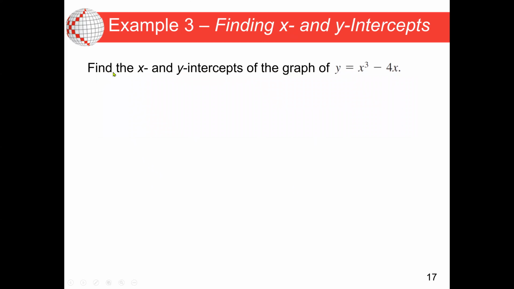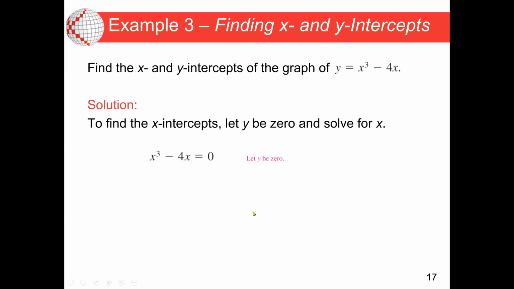So here we want to find the x and y-intercepts of the following graph, y equal to x cubed minus 4x. To find the x-intercept, we say y equal to 0. Then we solve for x. Here we can see that x is common. So we take x out, we have x squared minus 4. The first value of x will be 0. Then the second, we have x squared equal to 4.